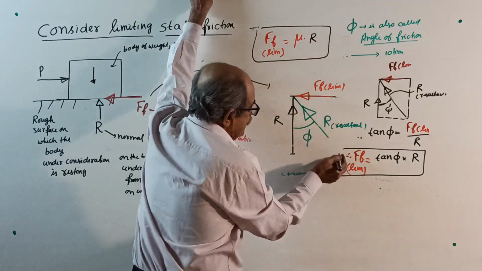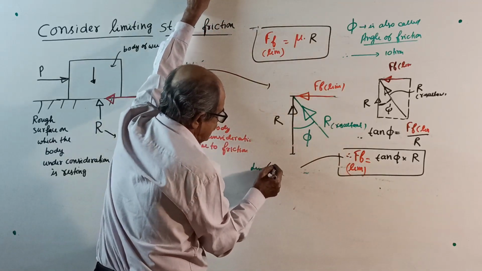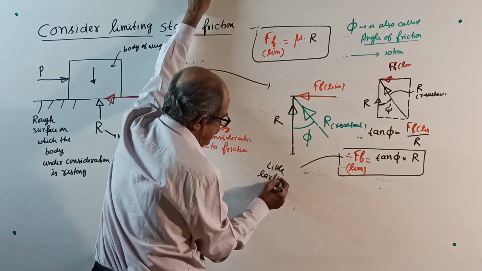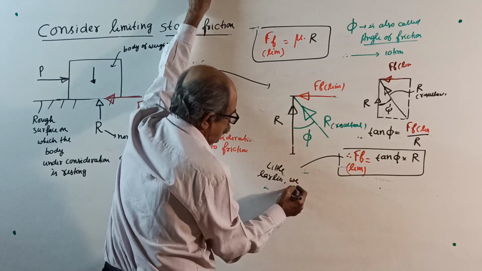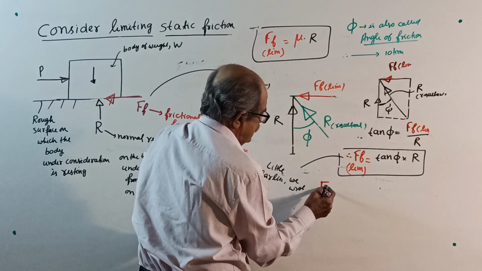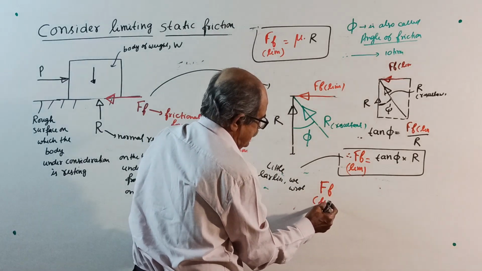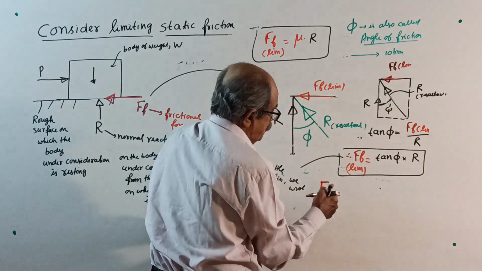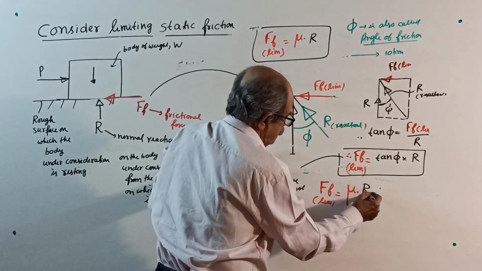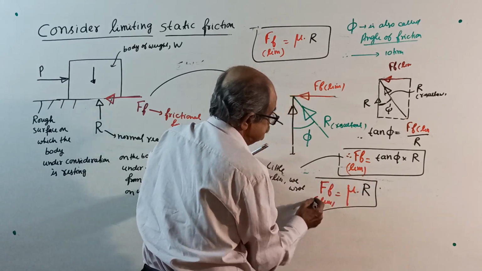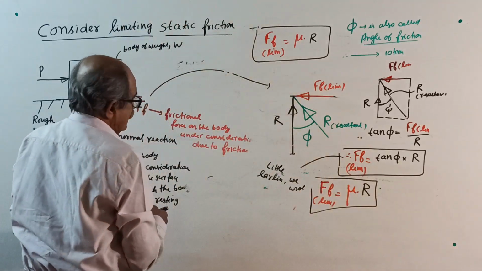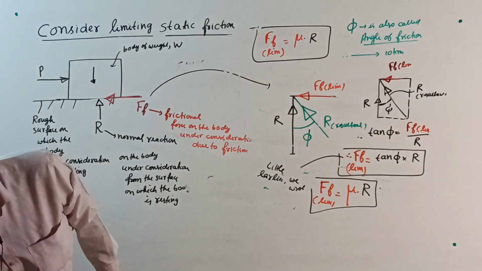A little earlier, we wrote FF limit equal to mu into R. Sufficient. This side remove now and come to the conclusion.